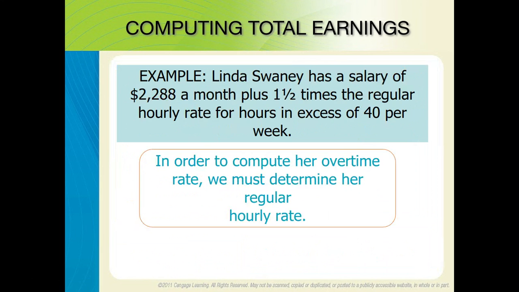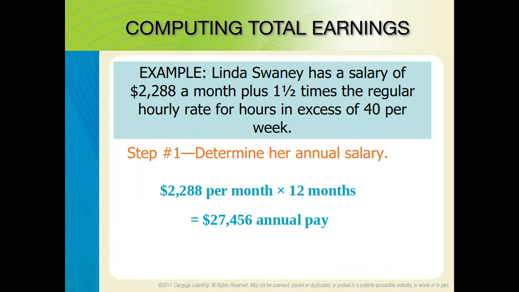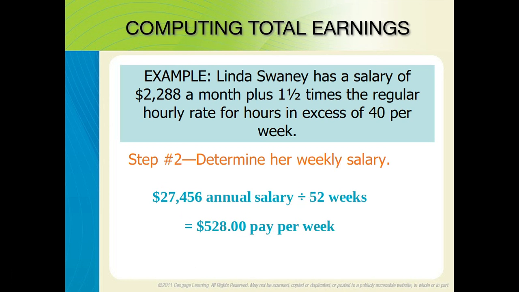So we have to do a little bit of math to figure out how much she actually makes an hour before we can figure out that 1.5 times. The first step is to determine her annual salary. I'm going to take her monthly pay times 12 months, because obviously there are 12 months in a year. So her annual pay is $27,456.